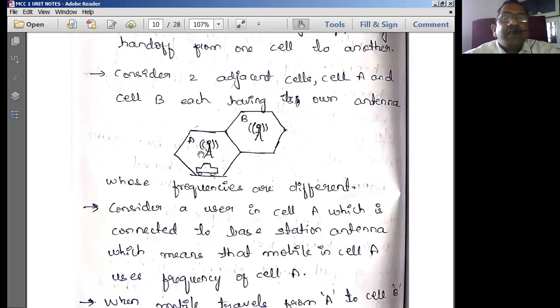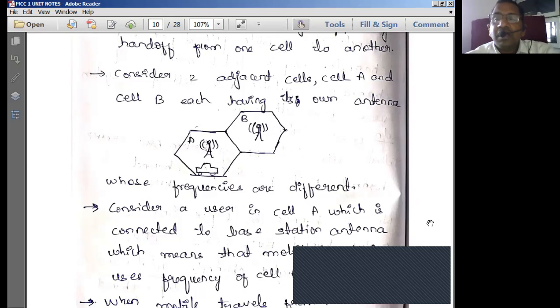Tower A and tower B, or cell A, cell B, or base station A, base station B, radiate and receive the radio signals with different sets of frequency bands. This is done due to the concept called frequency reuse. Because of frequency reuse, we use different sets of frequency bands for the different cells in a cluster.